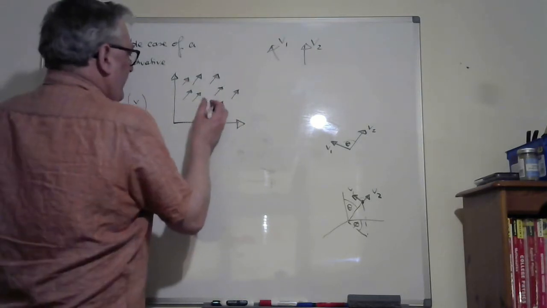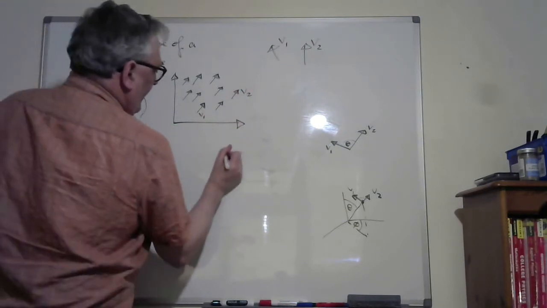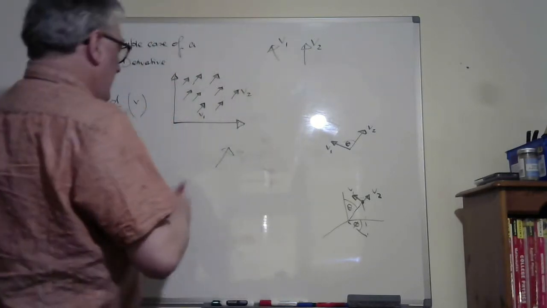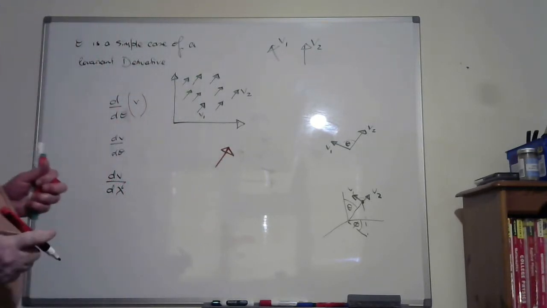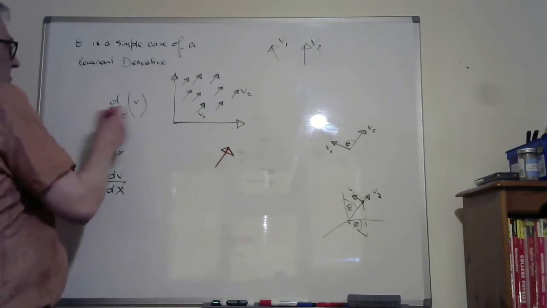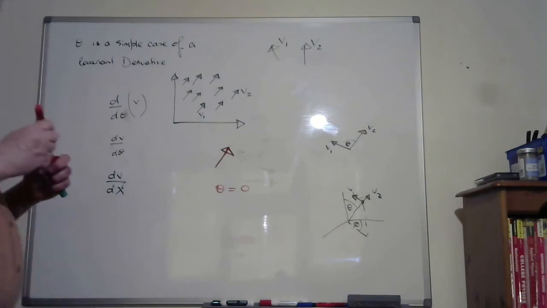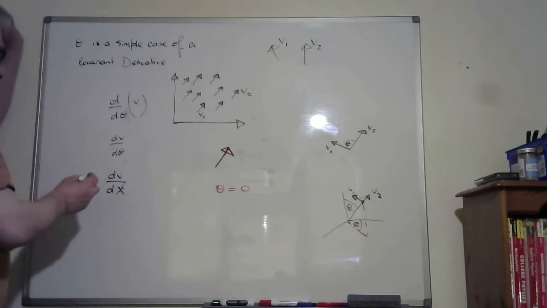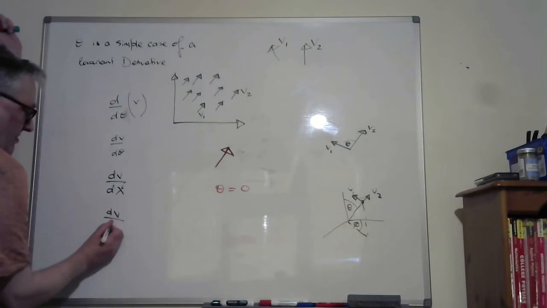So if we map this vector v1 onto v2, then it maps exactly like so, such that the covariant derivative theta is 0. So theta is 0. Now that corresponds to this covariant derivative also being 0.